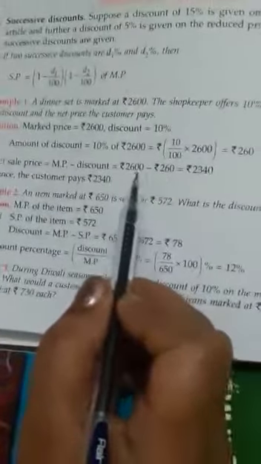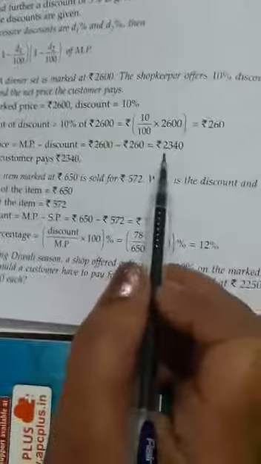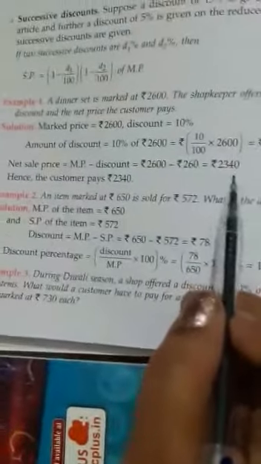Now whatever price the customer has to pay, from the mark price he will subtract discount. Mark price was 2600 and discount is 260. After subtracting, it is coming 2340. It means the customer has to pay 2340 rupees to the shopkeeper.